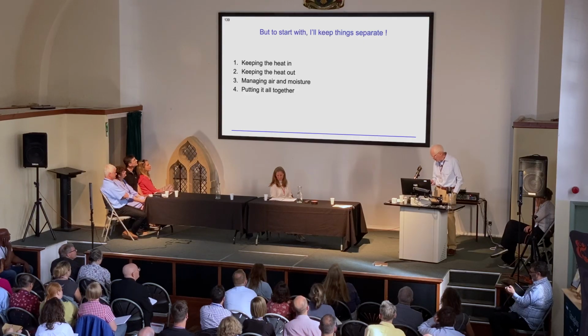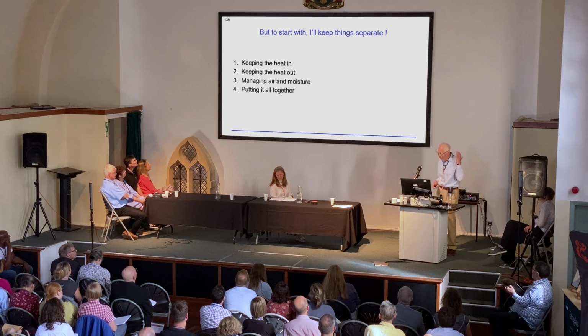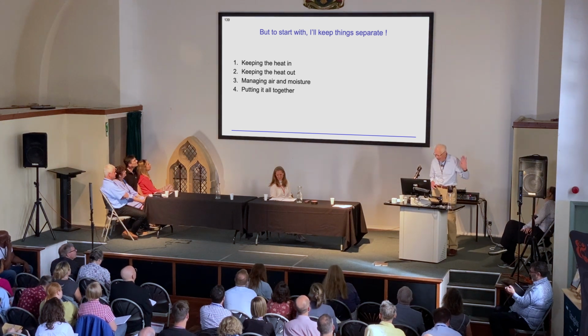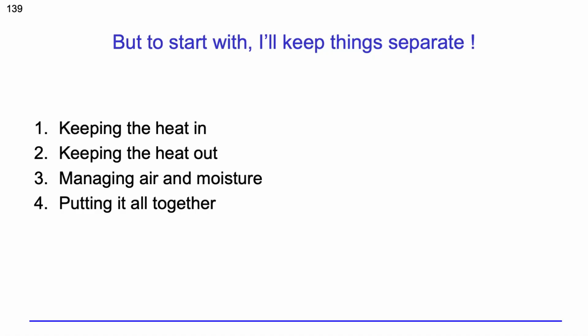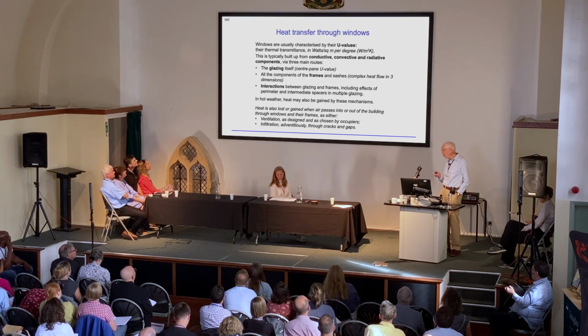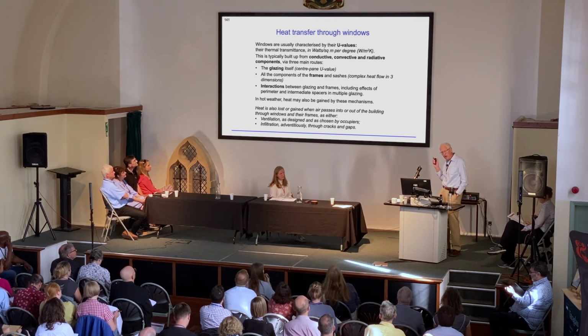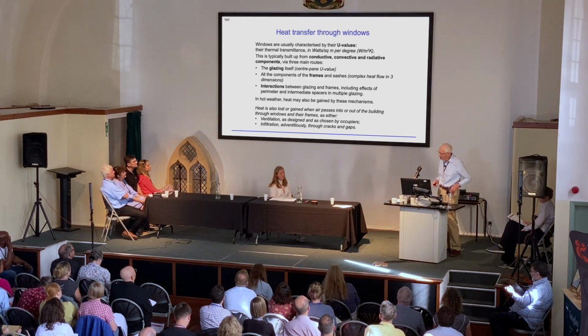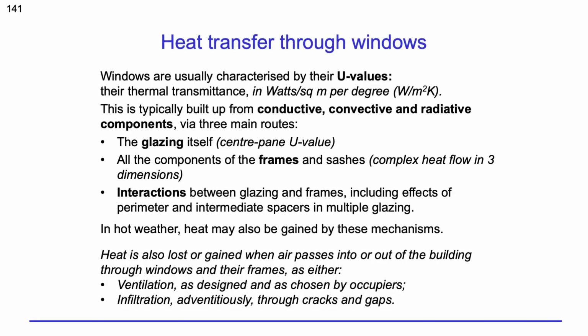So let's just have a look. There are four sections on this: keep the heat in, keep the heat out, manage air and moisture, and then join it all up in a few examples. So normally the heat coming in, you think of U values in watts per square meter per degree Celsius or Kelvin. And that, as Robin said, is a conductive bit.